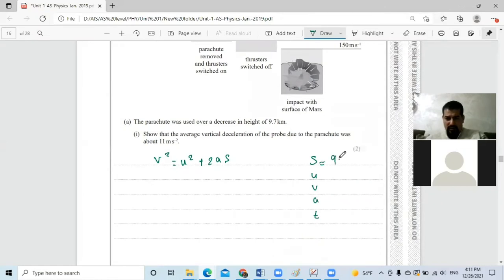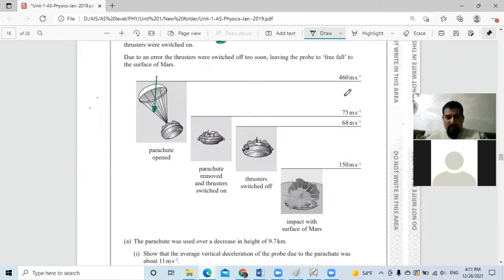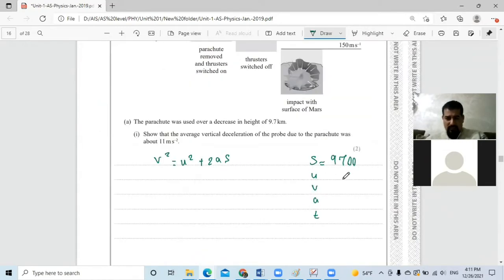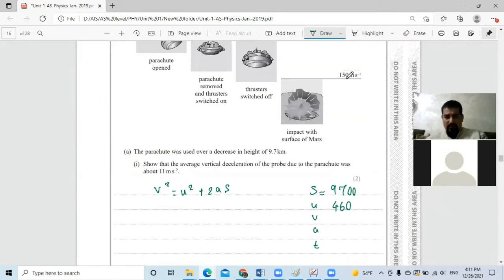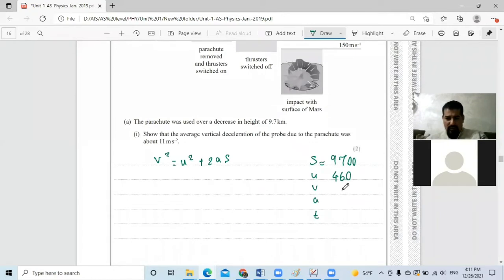s is 9,700, u is 460, they give it to us, v is 75, and they ask about the acceleration.